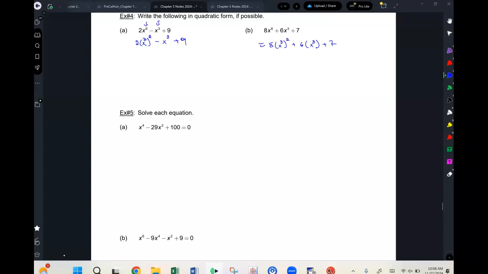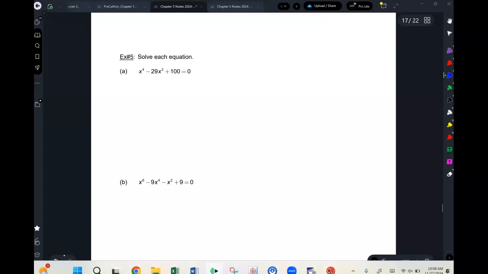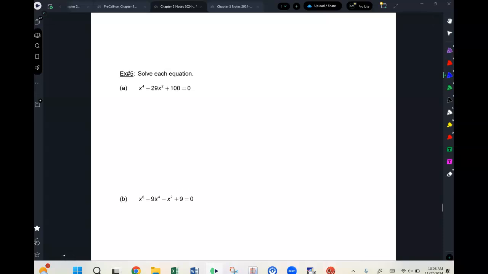Okay, so take a look at this one. Solve each equation. Now this is in quadratic form, right? You have something, and then something times 2, the exponent times 2. So we're going to factor it like this. Now, instead of x and x, we're going to put x squared and x squared.